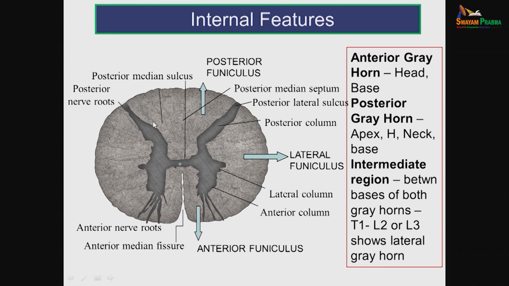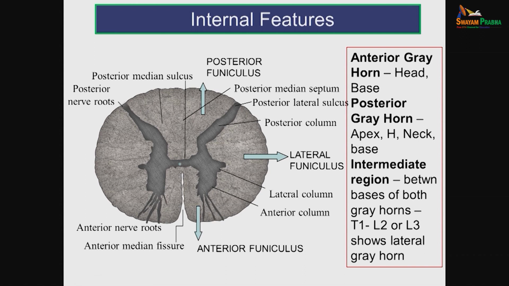So, this divides the posterior white column into a medial part and a lateral part. This medial part will be occupied by fasciculus gracilis and lateral part will be occupied by fasciculus cuneatus.